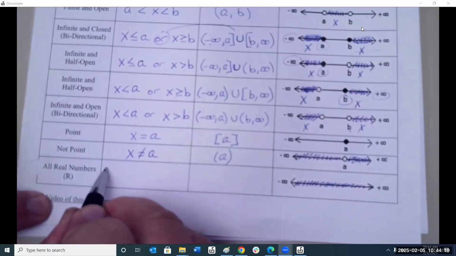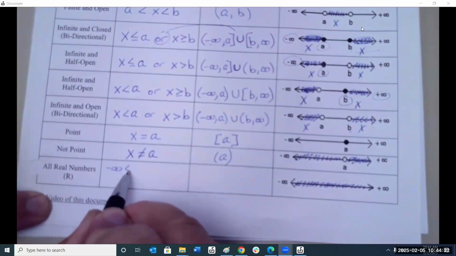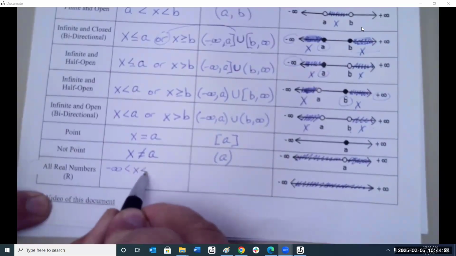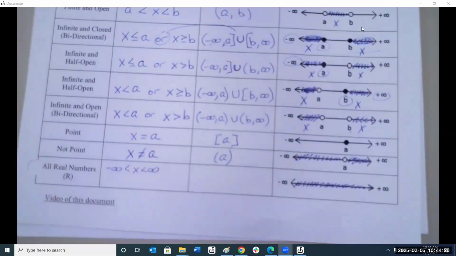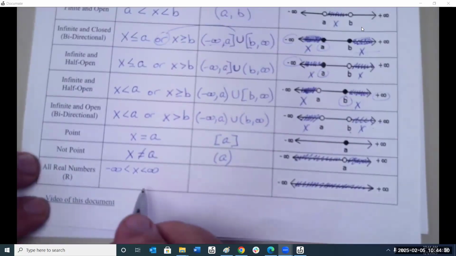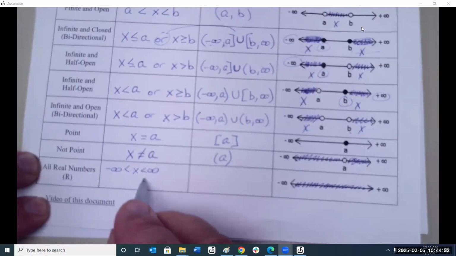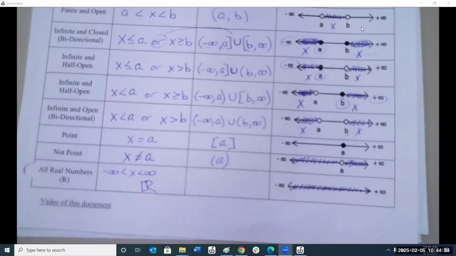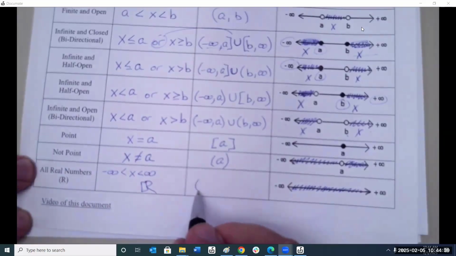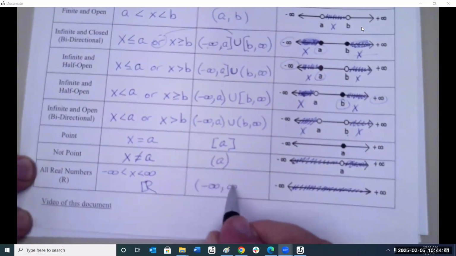What this one says is I go from negative infinity to positive infinity. What's another way of writing that? All real numbers. Which means I go from negative infinity to positive infinity.